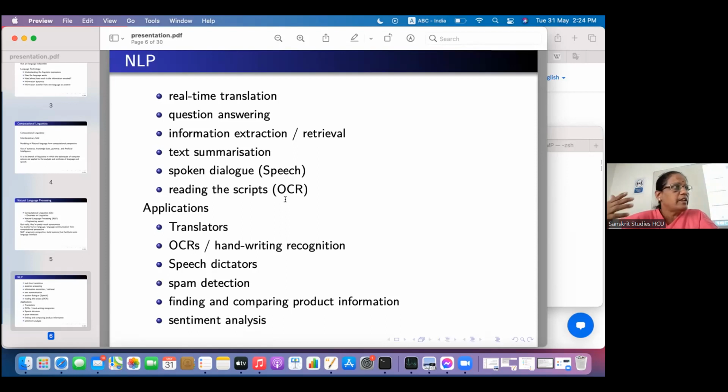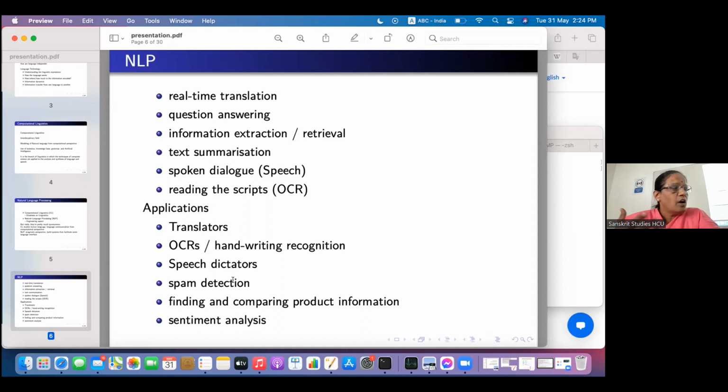And that led to various applications. So these were the areas of study, and they led to different applications such as translation systems. OCRs were developed, handwritten recognition systems were developed, speech detectors, and spam detection nowadays.